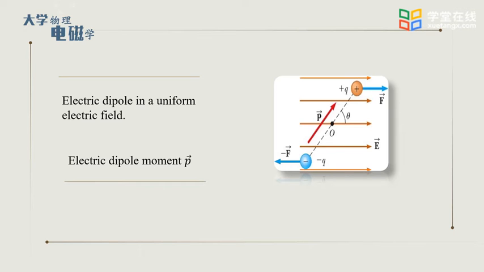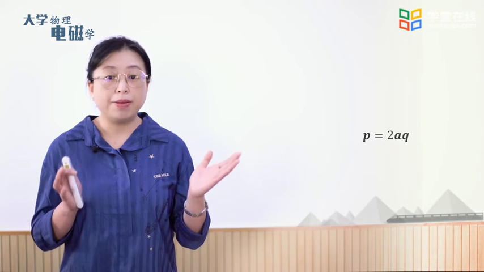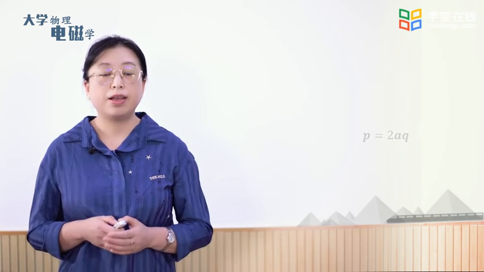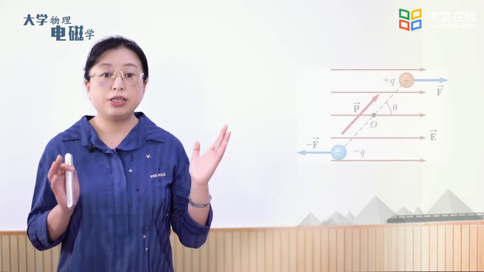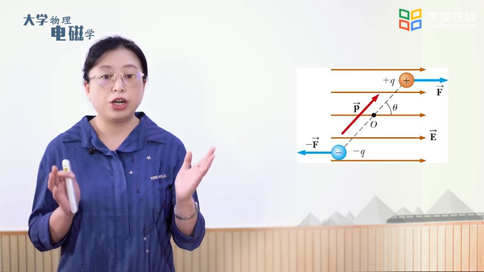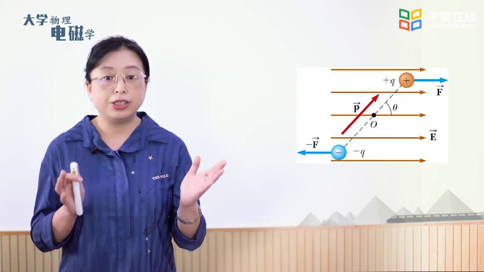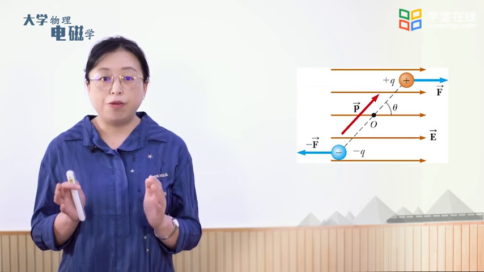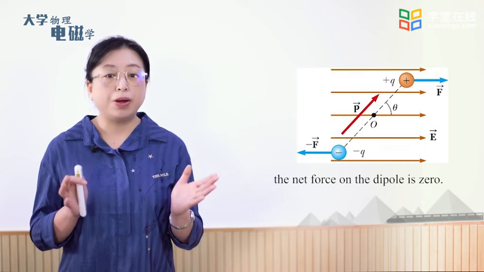The electric dipole moment p is directed along the line joining the charges from -q to +q. Hence, the electric dipole moment has a magnitude of 2aq. Obviously, the electric forces acting on the two charges are equal in magnitude and opposite in direction. Therefore, the net force on the dipole is 0.